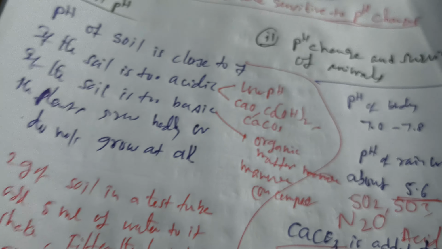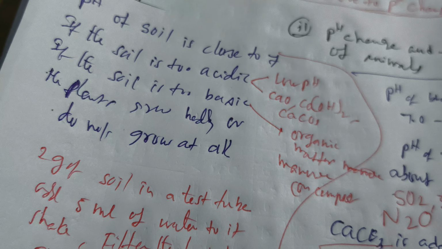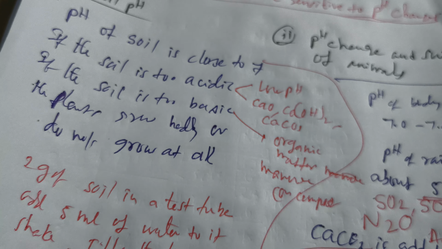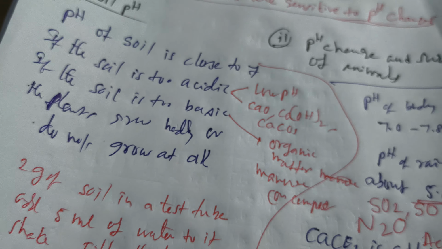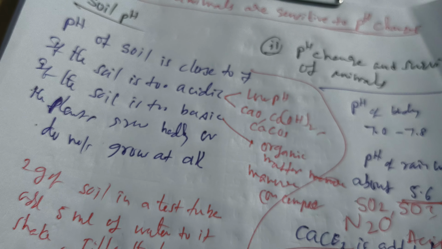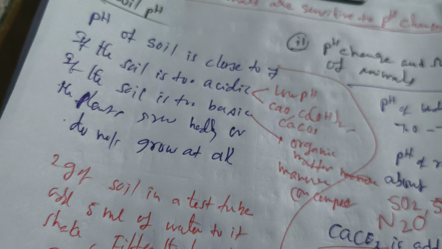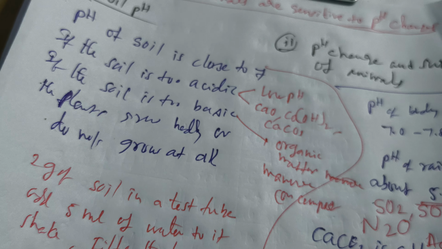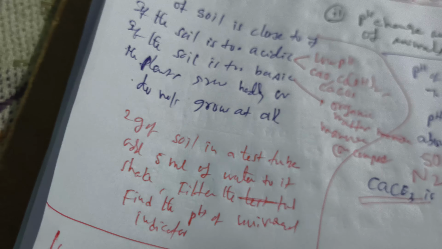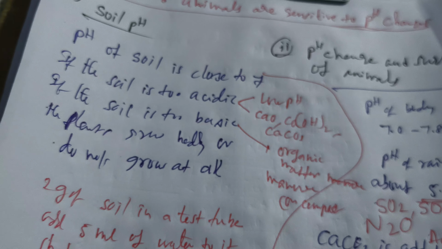If the soil has a pH less than 4, then the soil is acidic in nature. If the pH of the soil is 8 or 8.3, more than 8, then the soil is basic in nature.